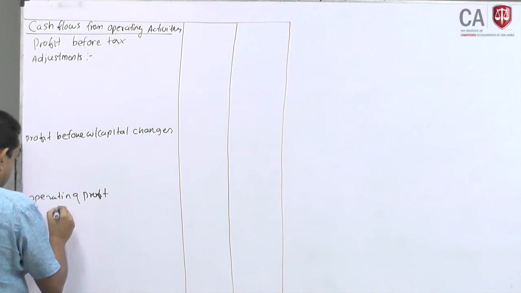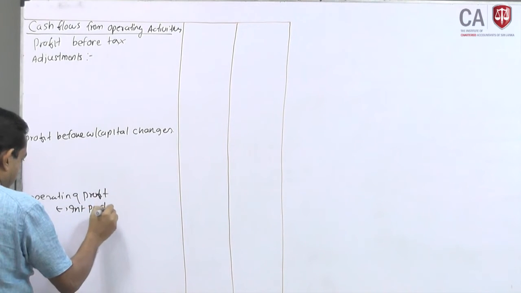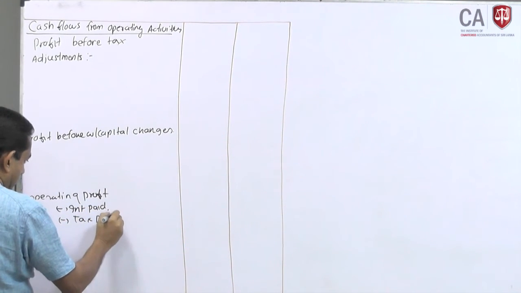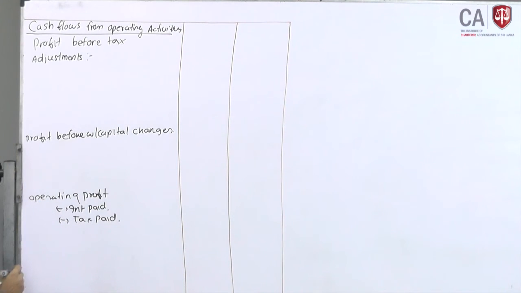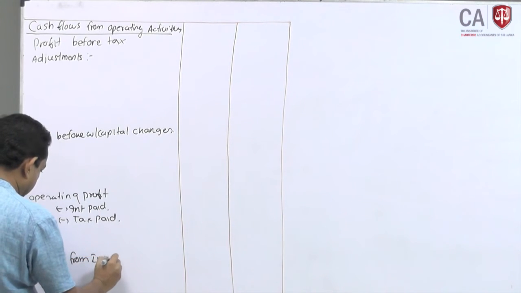Then we will deduct here interest payment. I will explain this part, interest paid, and tax paid. Then we will leave some space here, then say cash flows from investing activities.